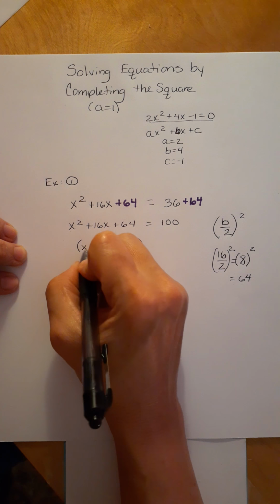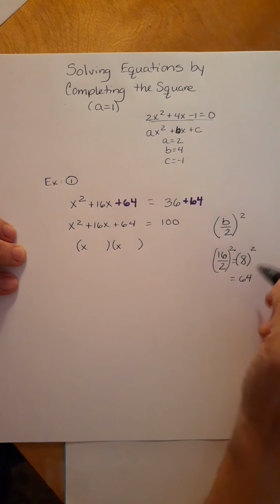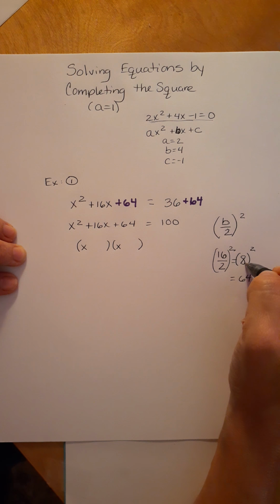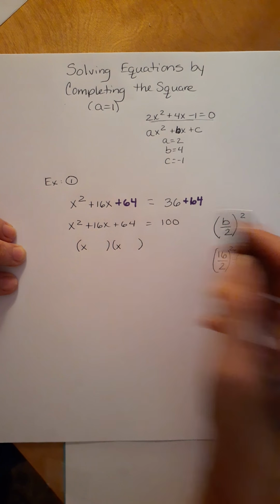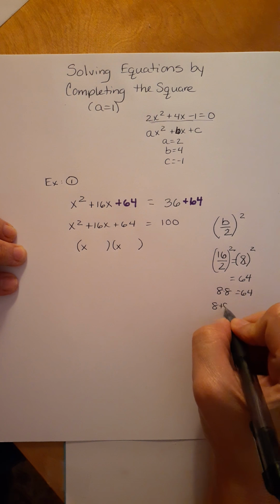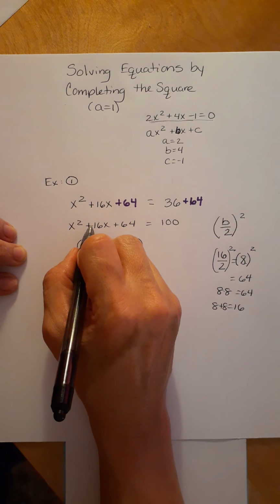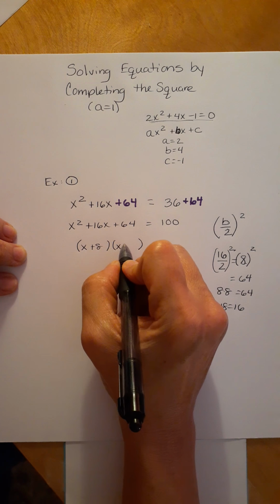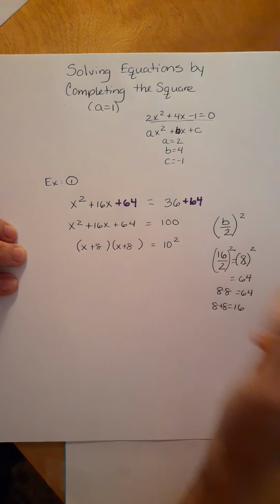So x squared is x times x, and what times what is 64? 8, which is what we had here, right? And when I add 8 and 8, I get 16, which is exactly what I want. And this is positive, so this is positive 8, positive 8. And this is 10 squared.